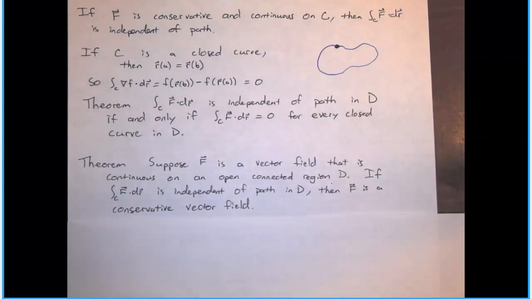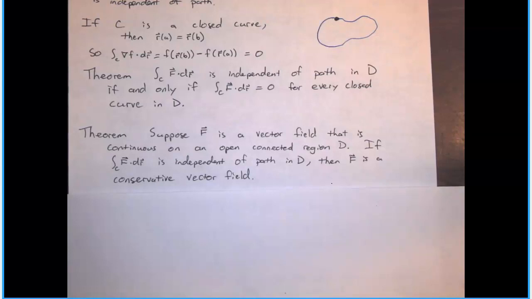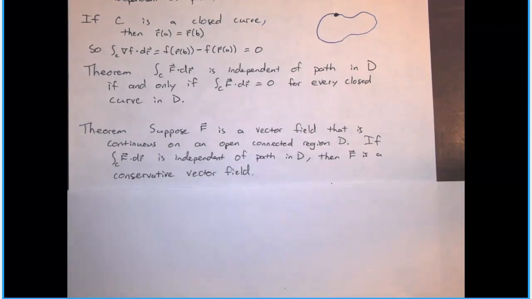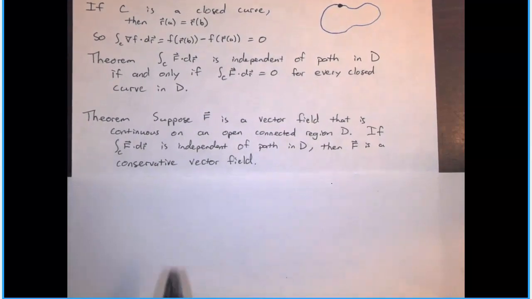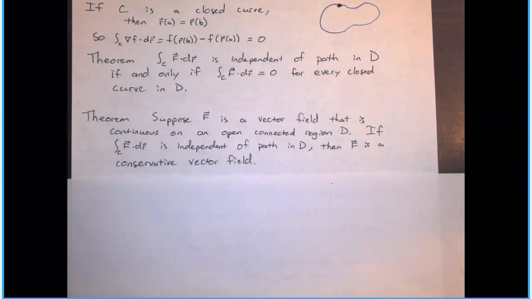There's one last result. So we know if it's a conservative vector field, that our integral is independent of path. Are there other integrals that might be independent of path if we don't have a conservative vector field? So this theorem says that we have some vector field that's continuous on an open connected region. If the integral of this vector field is independent of path inside this region, then f is a conservative vector field. In fact, this is how your textbook defines conservative vector fields.